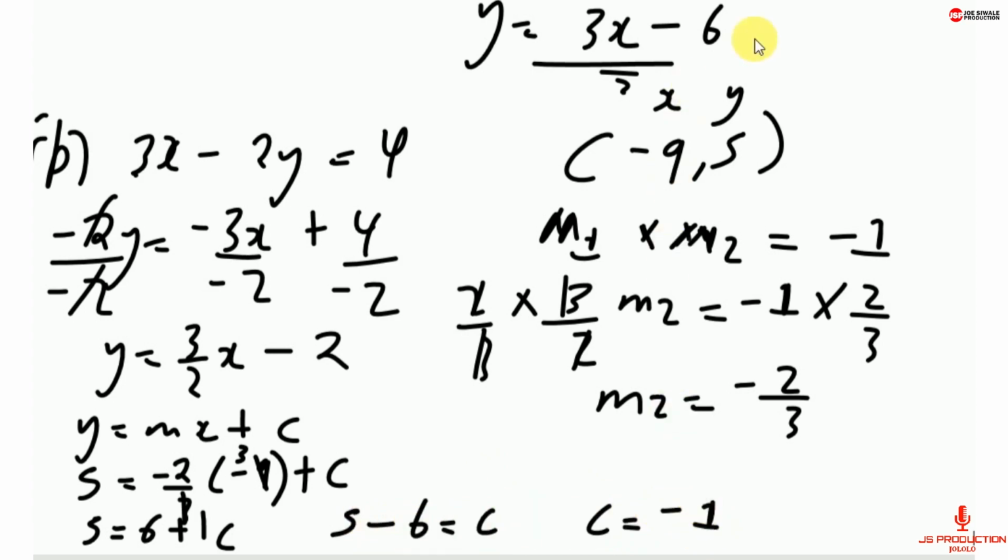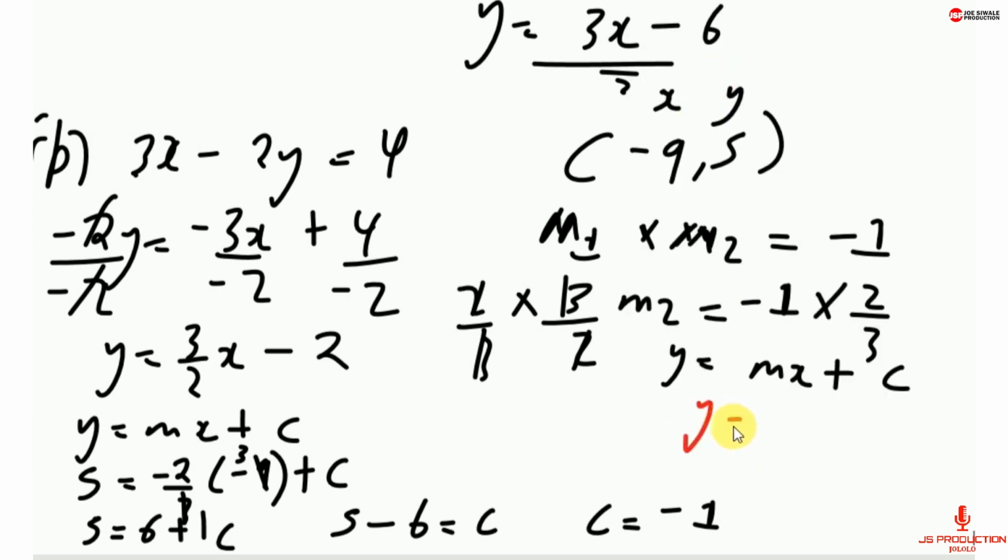So let us just erase something here, so that you can write down our final answer. So since we know the y-intercept there, we can say y is equal to mx plus c there.